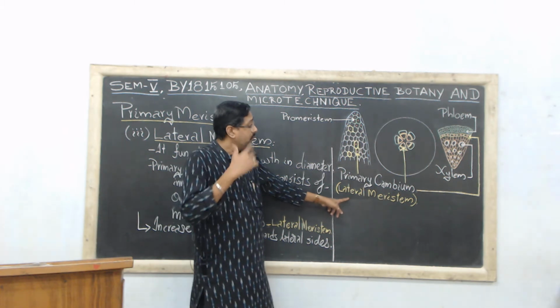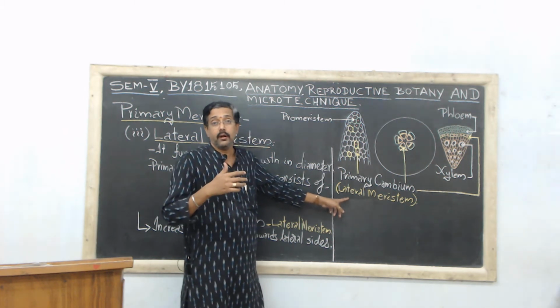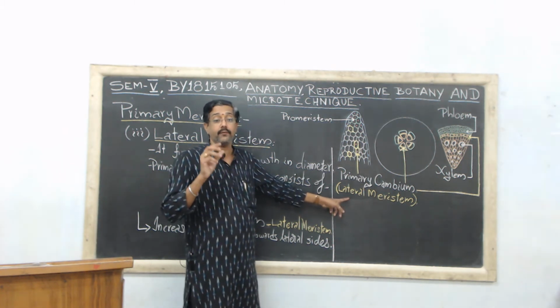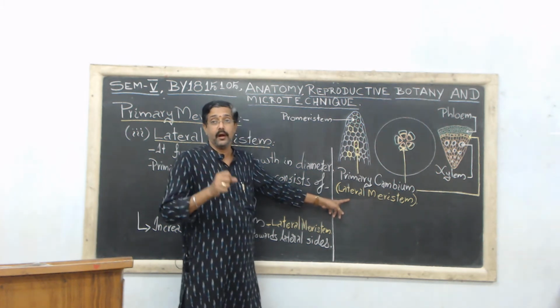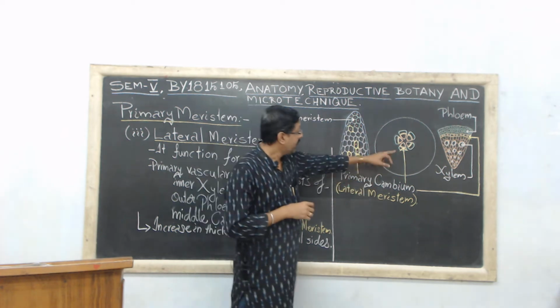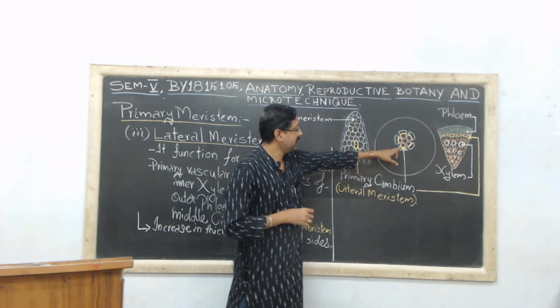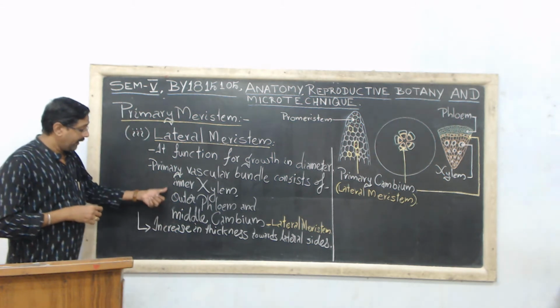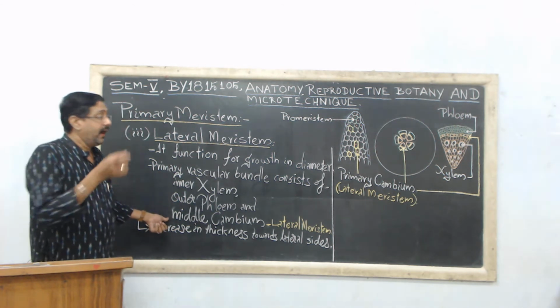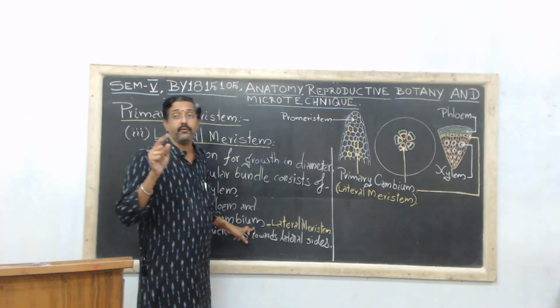As we go to the gradual development and differentiation of vascular bundle-like structures in a dicot stem, the vascular bundle possesses the middle cambium. What I explained here is inner xylem, outer phloem and the middle cambium, and that cambium consists of actively dividing cells.